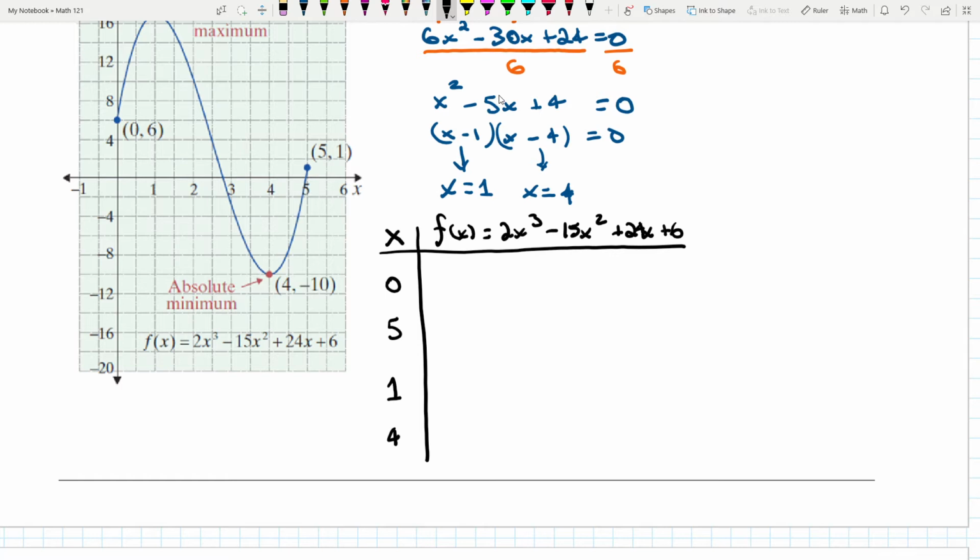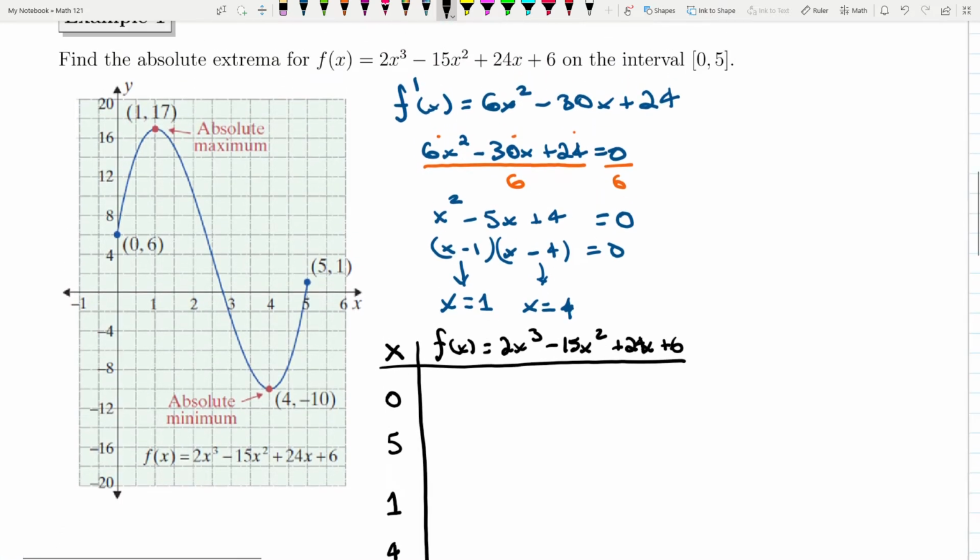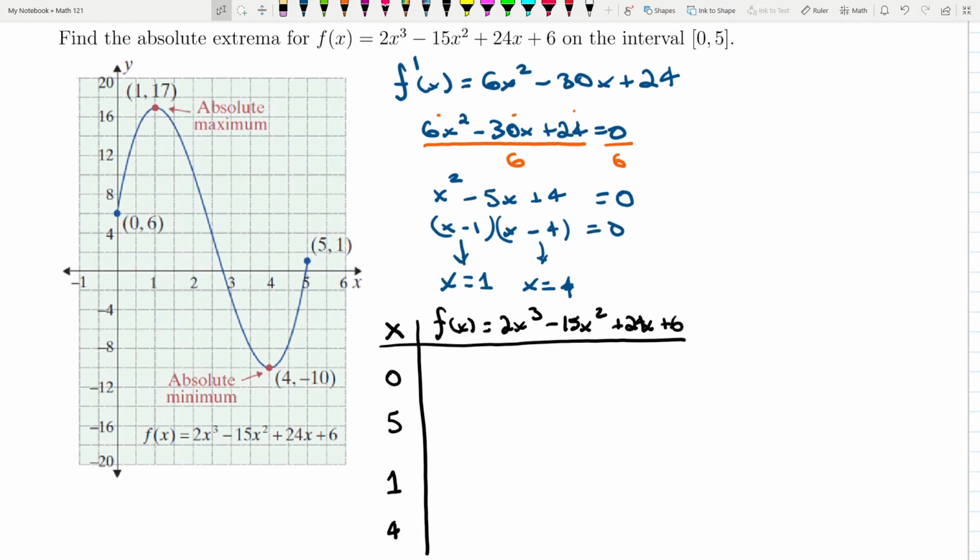So, let's see. The lower limit will be f of 0.